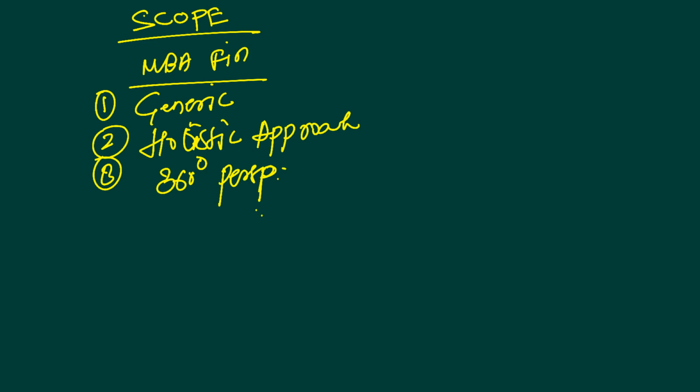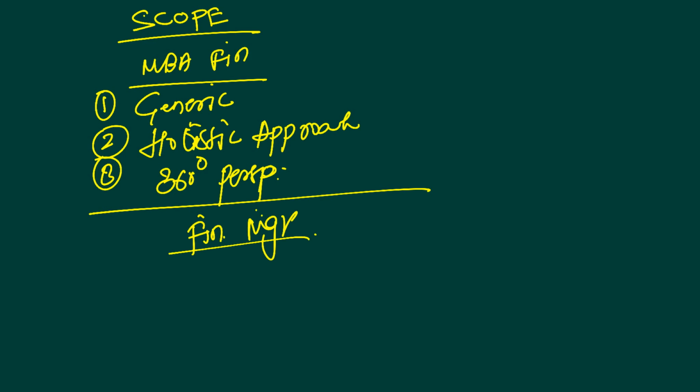So if you're a finance manager working for any company, it can be FMCG, it can be an IT company, or any company for that matter, you will be looking at a problem from all the aspects.